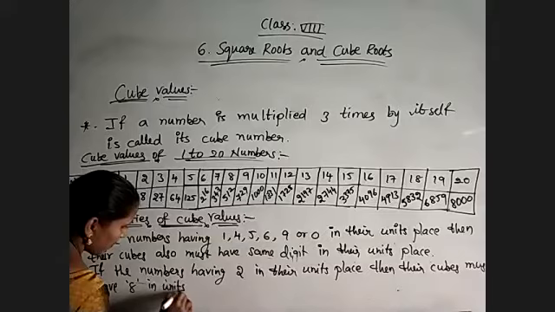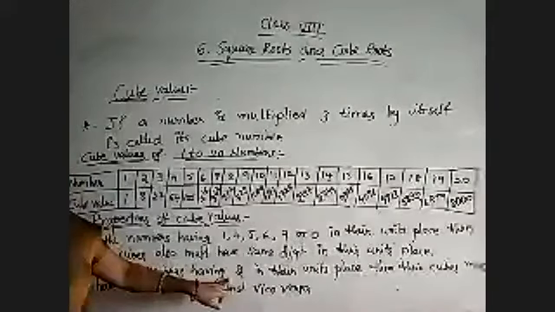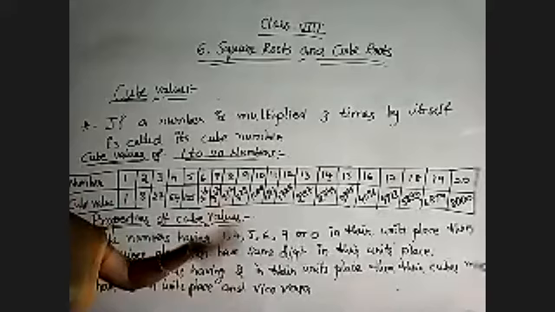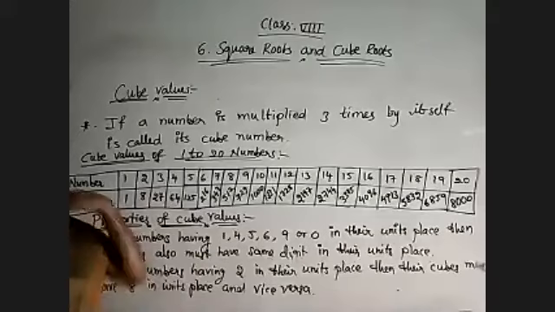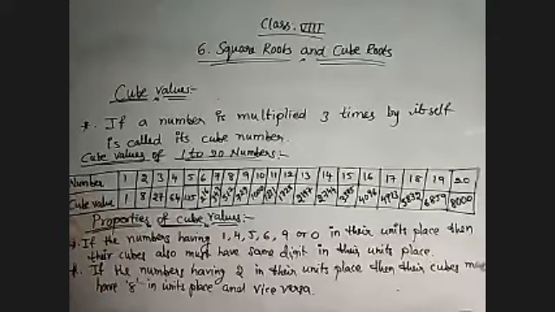Also, if the numbers are ending with 3, their cube must have 7. And if the numbers are having 7, then their cube must have 3. Okay, so here I'll write.